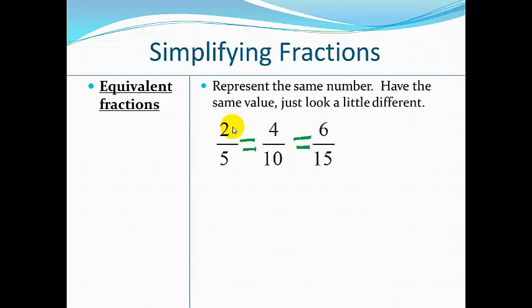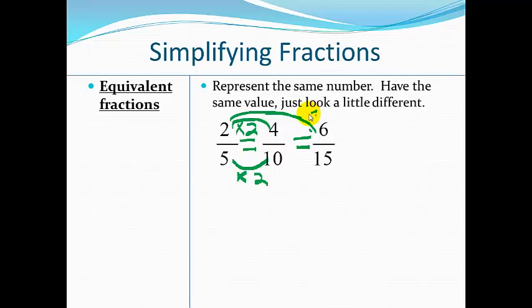And I wonder what we multiplied 2 to get to 4 and 5 to get to 10. So what did I multiply? Yeah, you can see that it's a 2. So this 2 over 2 to get to 10. And then going back to my original fraction, 2/5, what did I multiply to get 6?